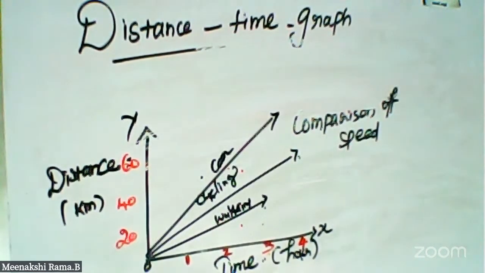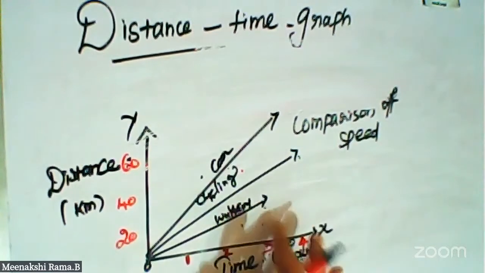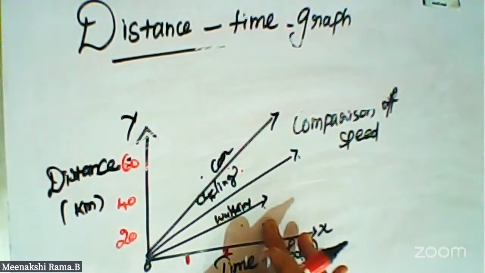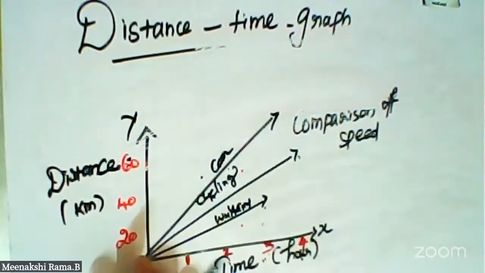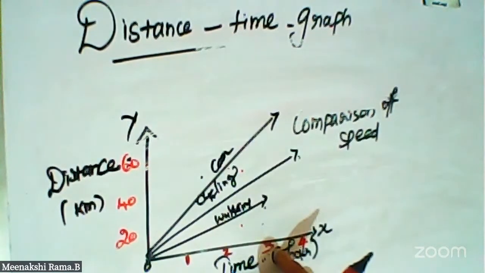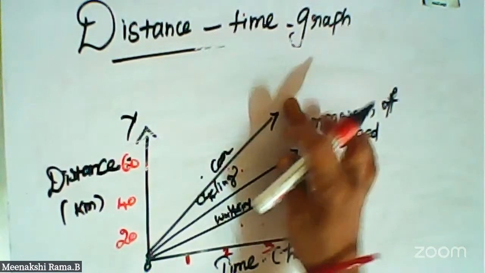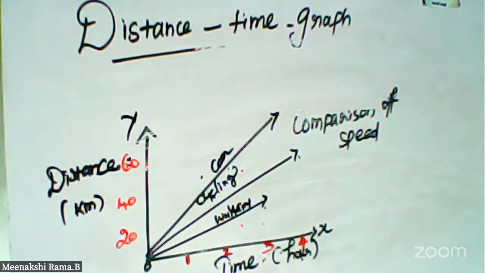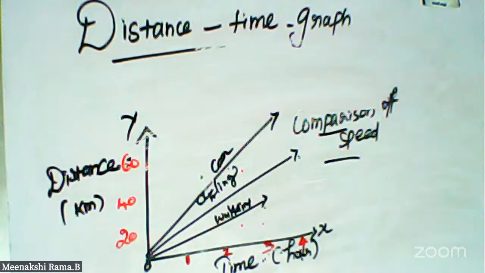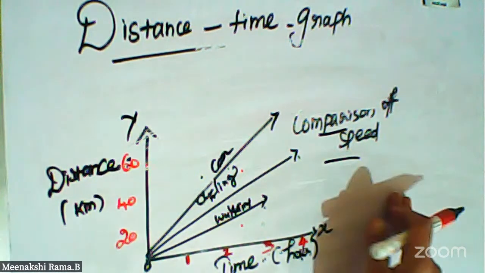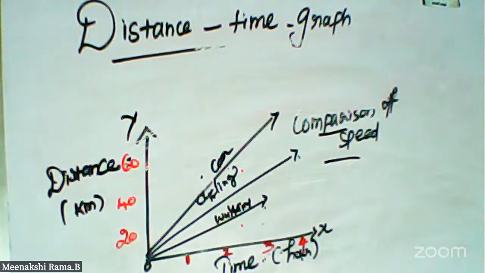Walking means that person crosses only 20 to 25 kilometers in 3 hours, and the second person crosses nearly 50 kilometers. In the same period, the car crossed more than 60 kilometers. This is the highest speed. In this manner, we can learn the comparison of speed.